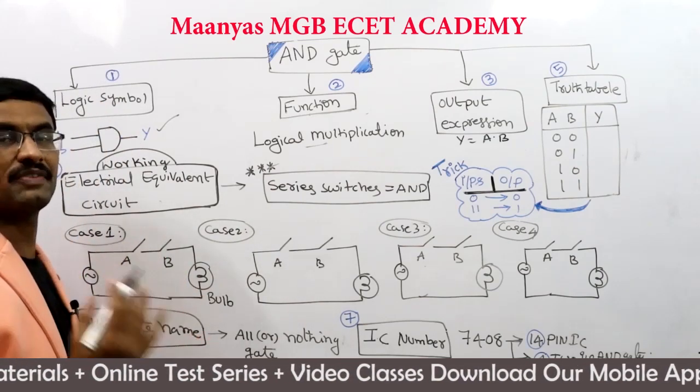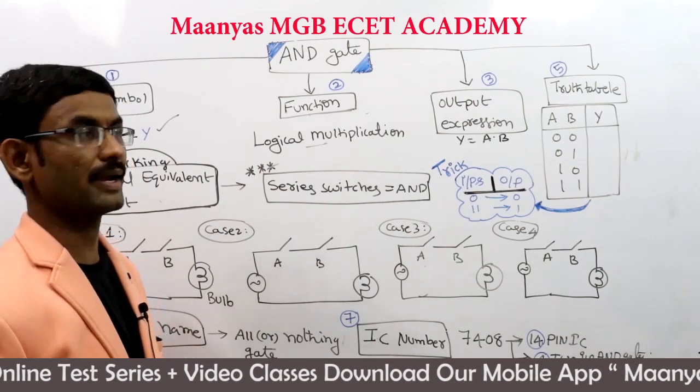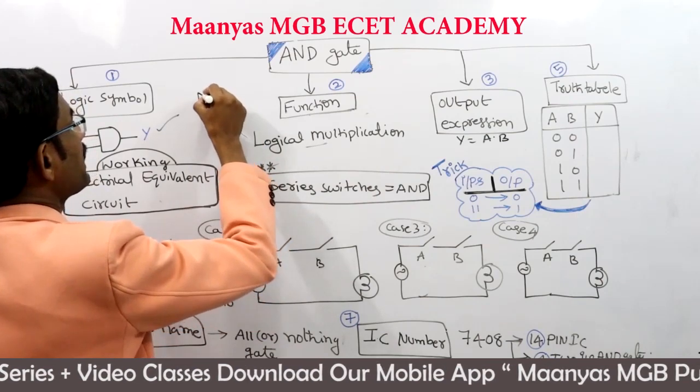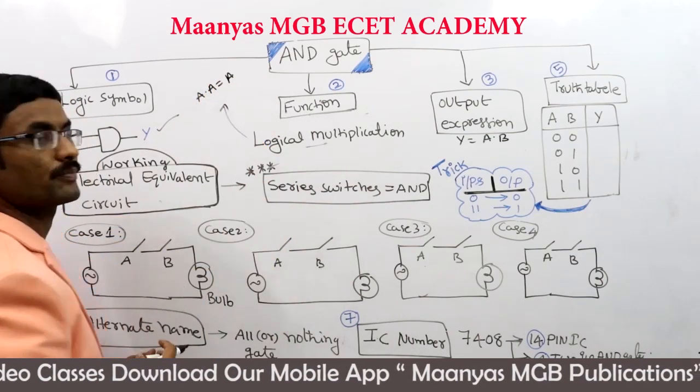What's the difference between ordinary multiplication and logical multiplication? In logical multiplication, anything into anything is equal to anything.